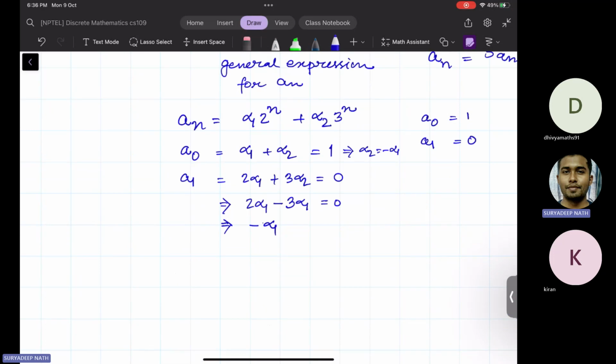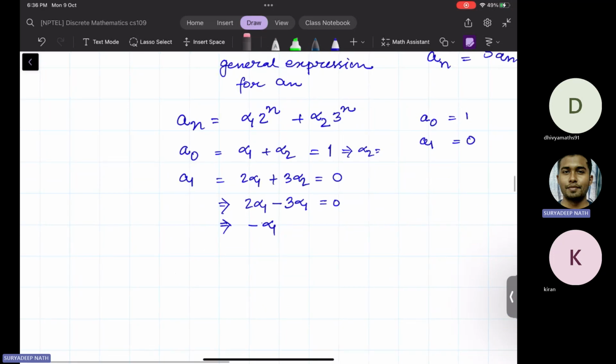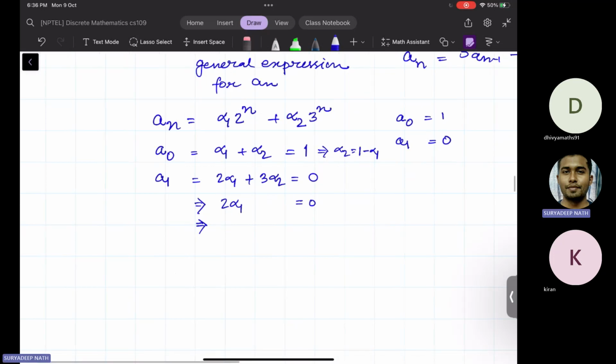So it is 3 minus alpha 1 equal to 0, or alpha 1 is equal to 3, and alpha 2 we can get is 1 minus 3, that is minus 2.